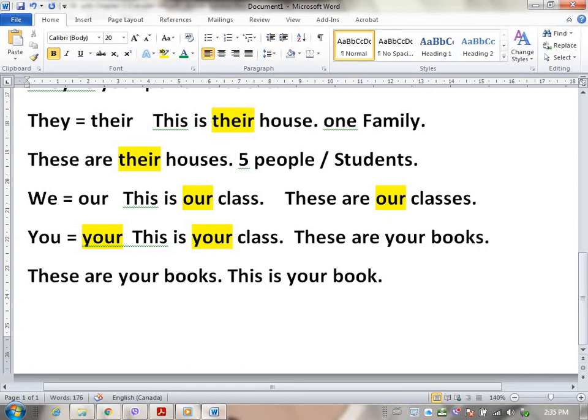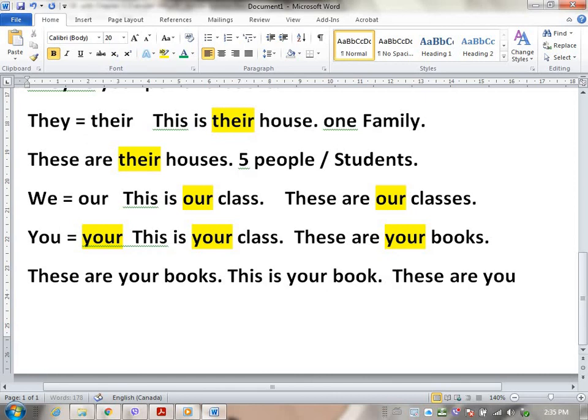See, these are your box. If for example maybe 1 book, 2 book, 3 book, 4 book, I don't know, then I say these are your books. Or I could make it short. Sometimes we say here, for example, these are your books, or this is your book. It means 1 book, this is more than 1.